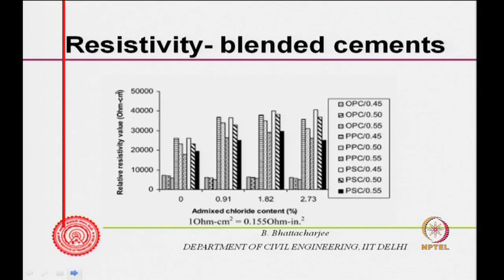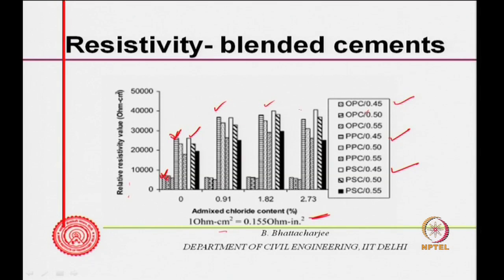You see, this is a diagram showing OPC, Portland pozzolana cement and Portland slag cement. This is a kind of relative resistivity, and you can see the least are for OPC. Next one is for different water cement ratios or for admixed chloride. When you have added chloride from outside, these are for other cements for different water cement ratios.